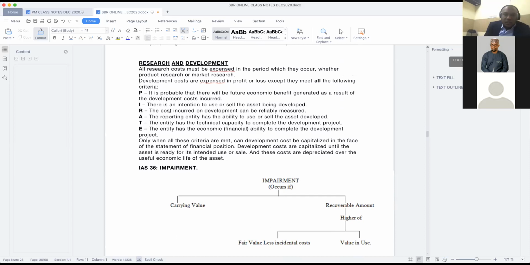Three, the costs incurred on development can be measured reliably. Four, the reporting entity has the ability to use or sell the asset being developed. Then the T, the entity has the technical capacity to complete the development project. And E, the entity has the economic or the financial ability to complete the development project. Only when all these criteria are met can development costs be capitalized in the face of the statement of financial position.